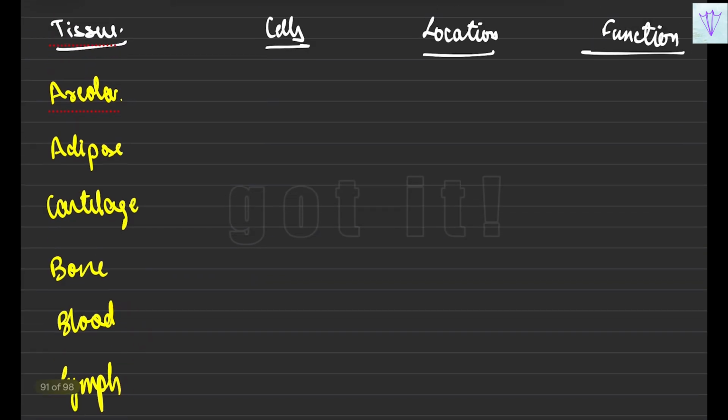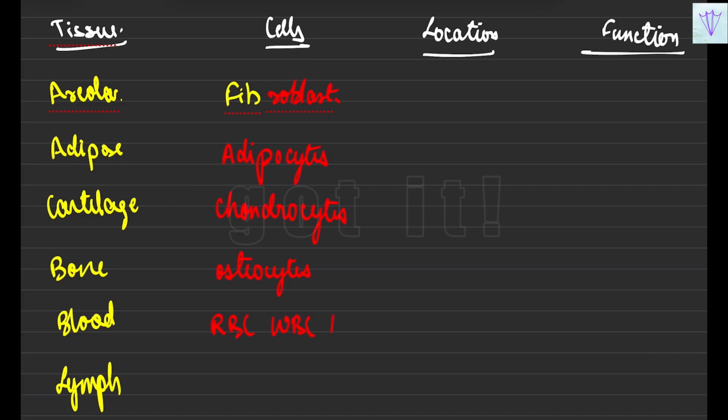So what are the cells which are present in it? In areolar, we have fibroblasts. In adipose, we have adipocytes. In cartilage, we have chondrocytes. In bone, we have osteocytes. In blood, we have RBC, WBC, and the platelets.